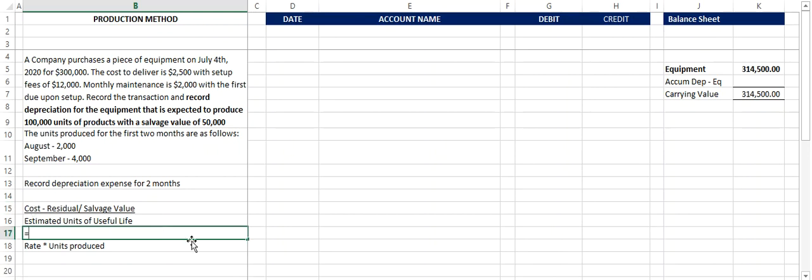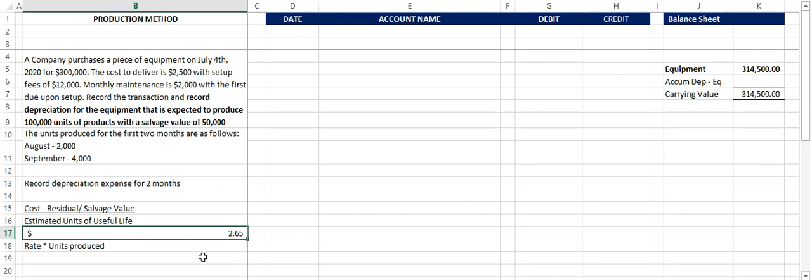It's going to be equal to the cost, which is $314,500, minus our residual value, $50,000, divided by the estimated units of useful life, which they said is expected to produce 100,000 units. And so we would divide that by 100,000, and we get a rate of $2.65 per unit.